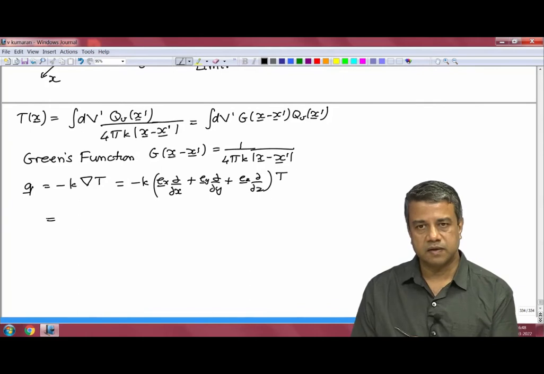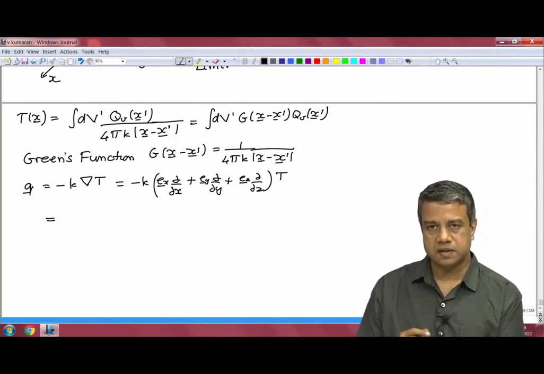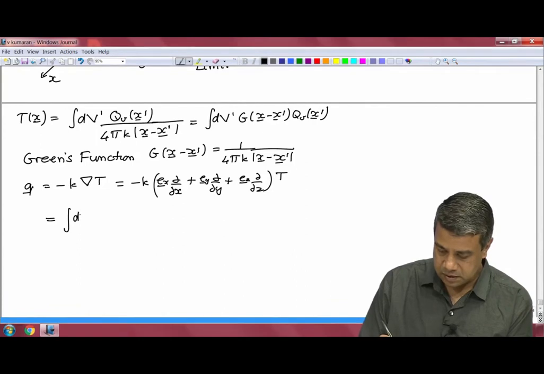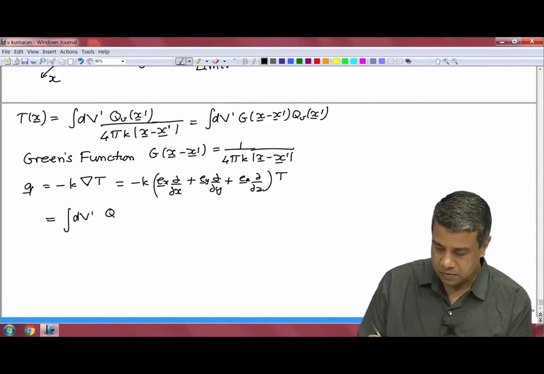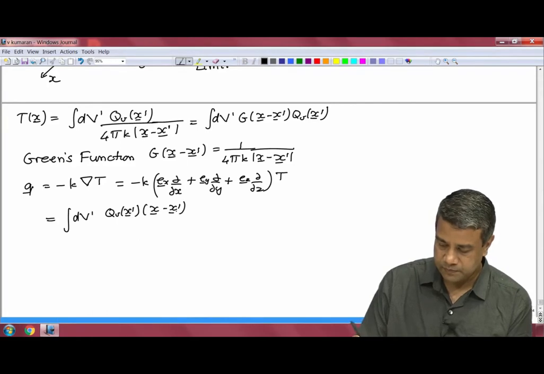And this derivative I had already done for you for a single point source. For a distributed source, it is exactly the same. This is equal to the integral dV prime qv of x prime into the vector x minus x prime.